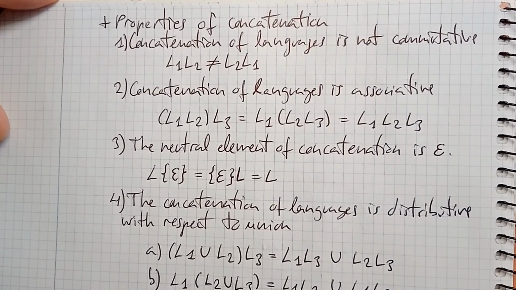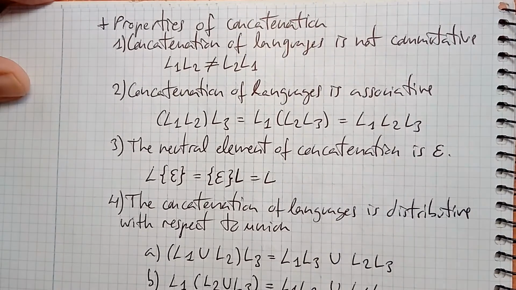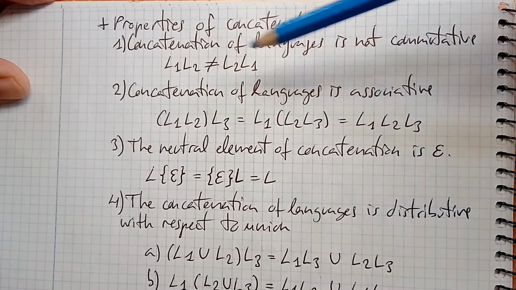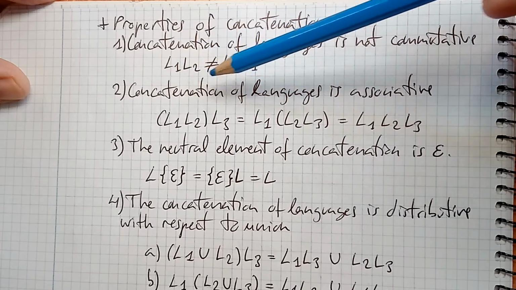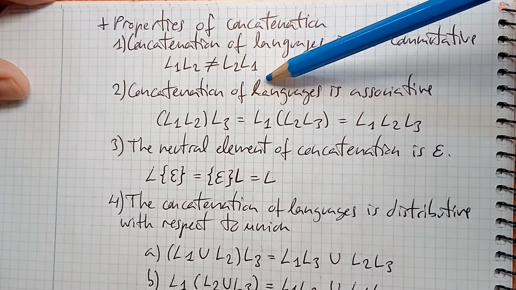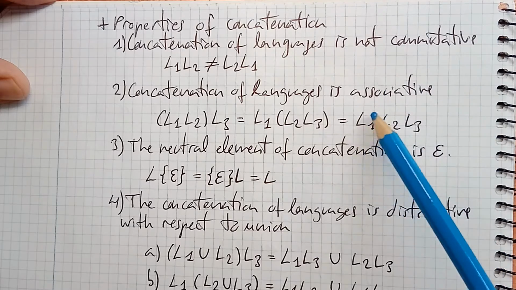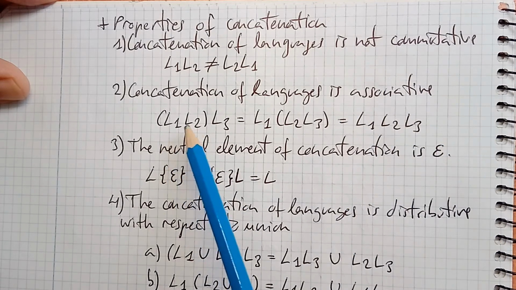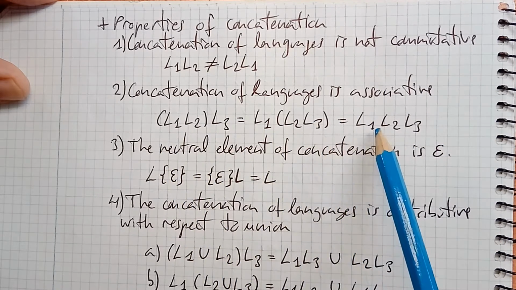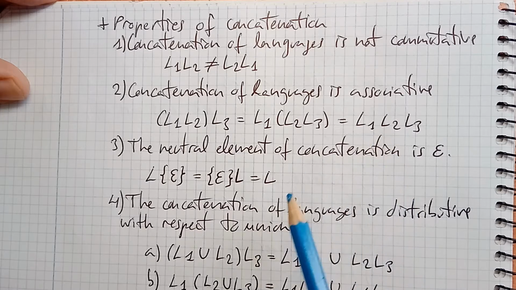Properties of concatenation. Concatenation of languages is not commutative: L1 L2 is not equal to L2 L1. Concatenation of languages is associative, so changing the parentheses doesn't change the result.